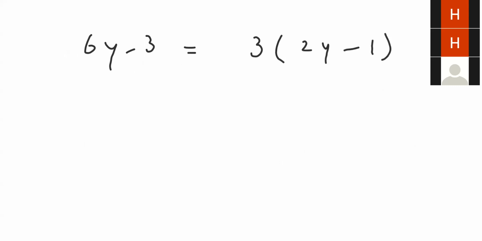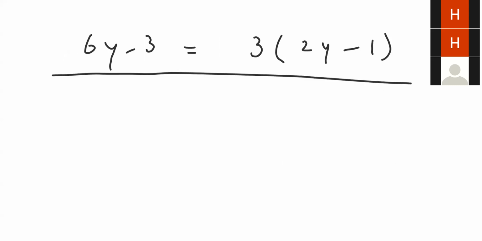Moving towards another example for factorization, if you have 6y minus 3, how are you going to factorize that? 3 bracket open, 2y minus 1 bracket close. So that is how you're going to be factorizing it.